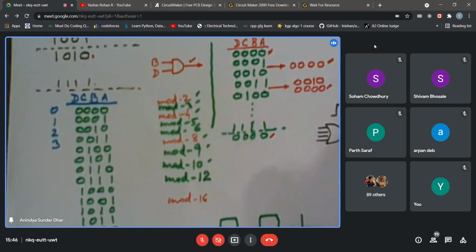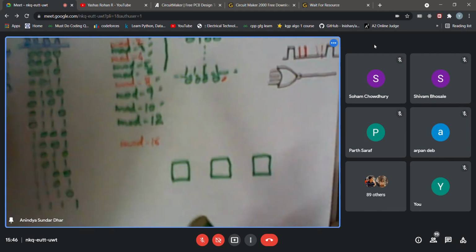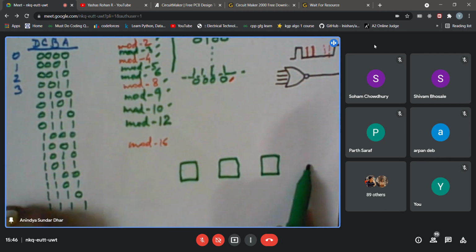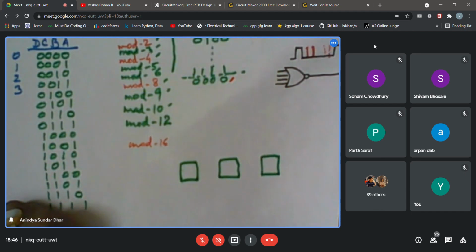So I am having 3 flip-flops. Now, as per their terminology, where should I put the lone flip-flop? On this side, that is on the LSB side, or on the MSB side? As per their nomenclature, they are calling it Q0, Q1, Q2, Q3.